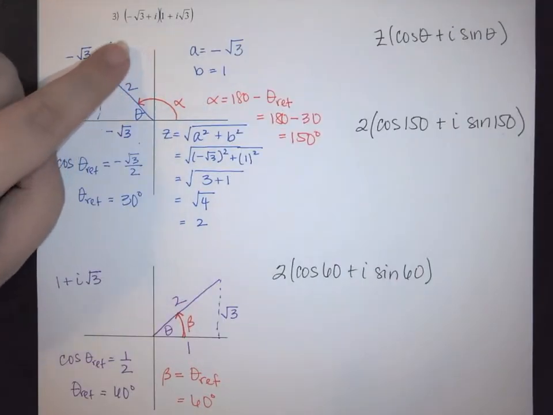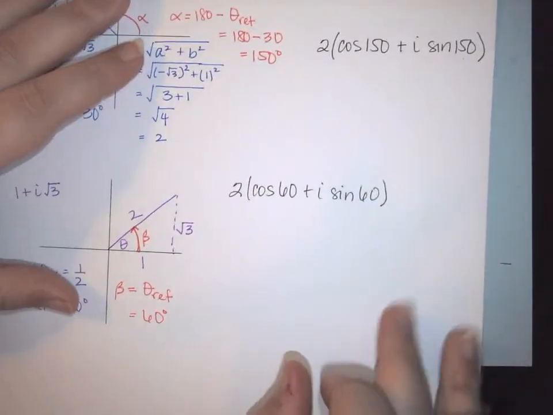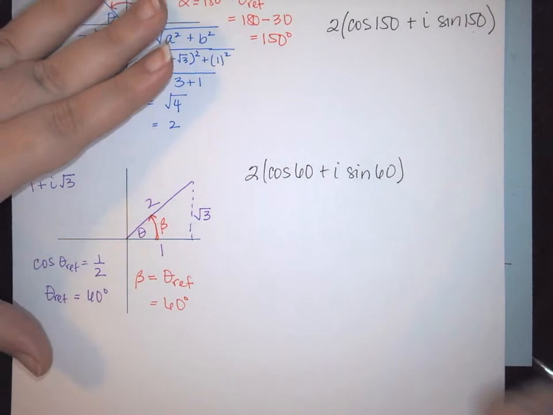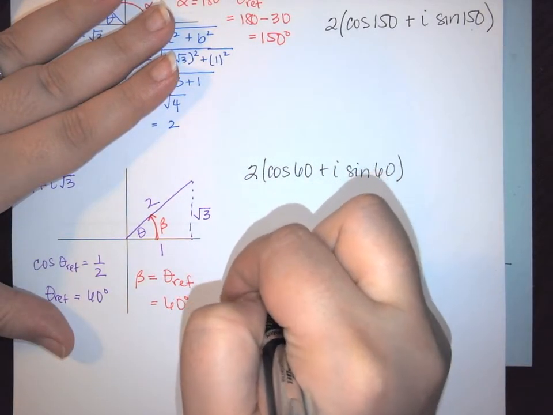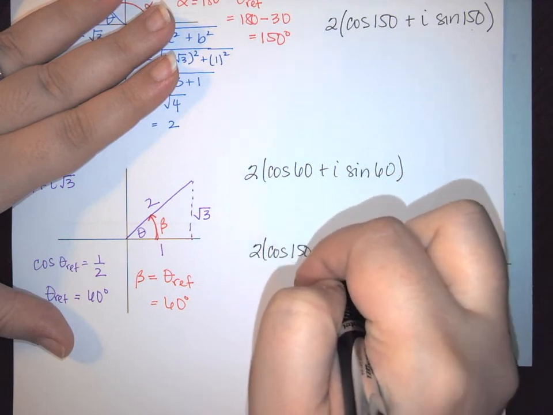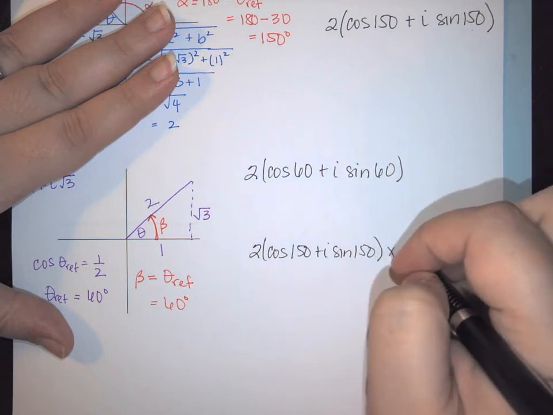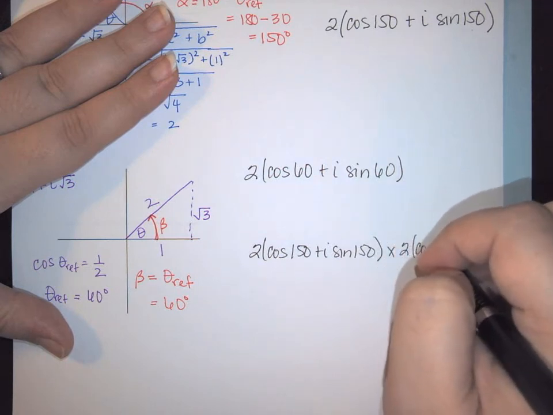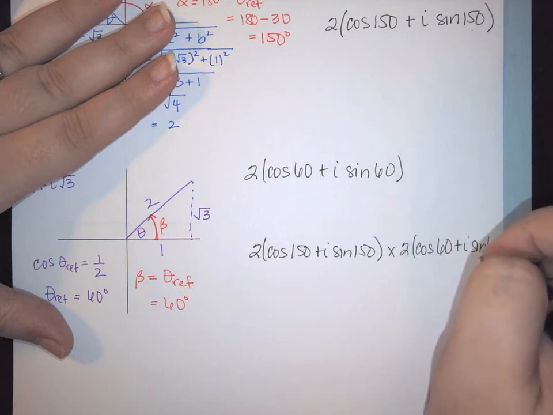Now these two terms here are being multiplied, so we have to actually multiply that together. So we are going to do 2 times the cosine of 150 plus I sine of 150. We're going to multiply that by 2 times the cosine of 60 plus I sine of 60.